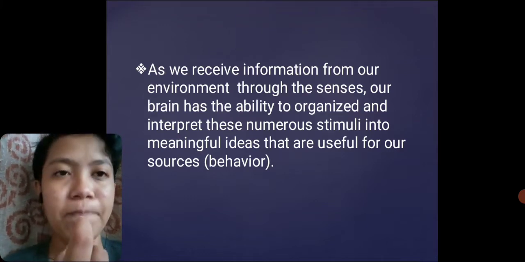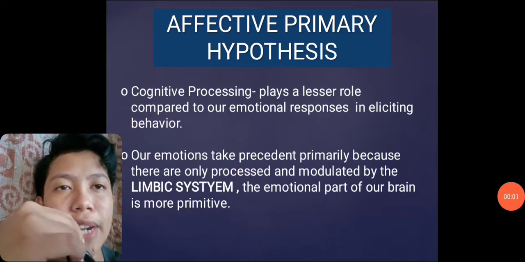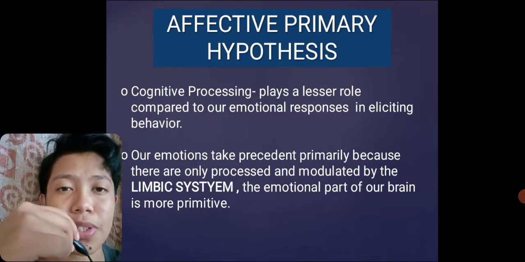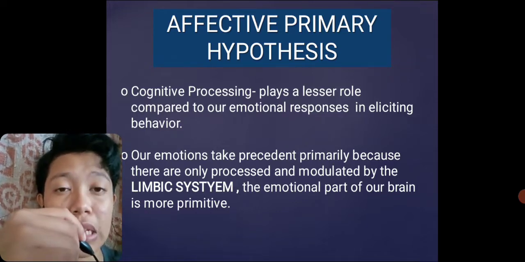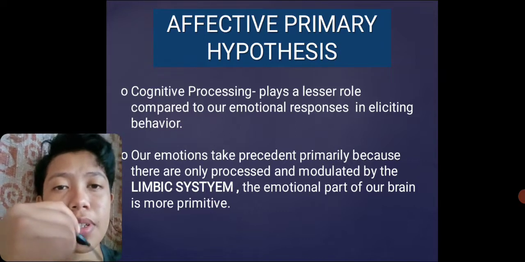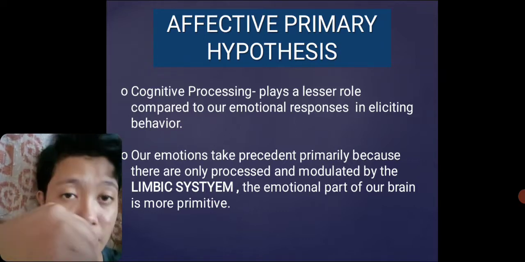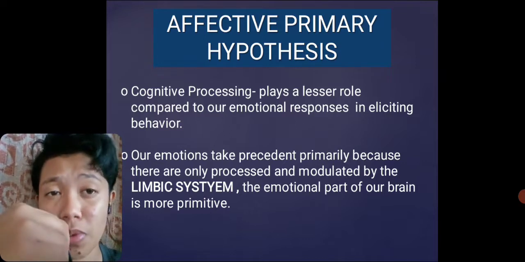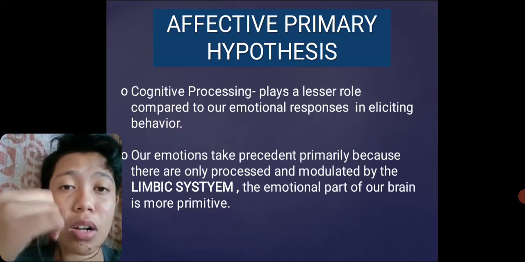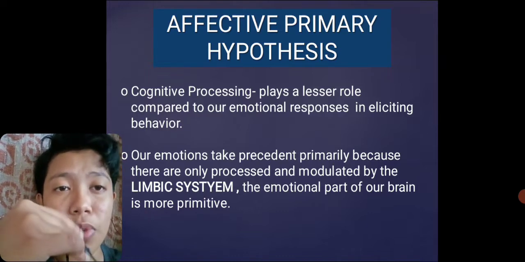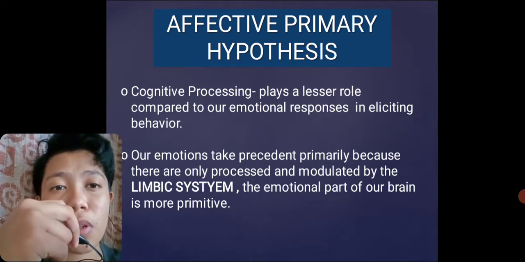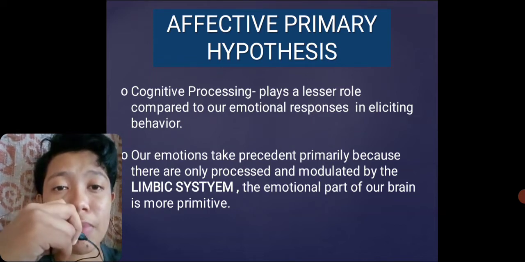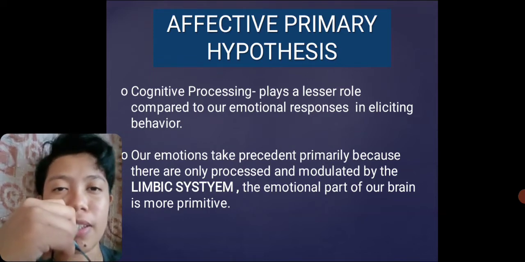We have this primary hypothesis: cognitive processing, our higher order thinking skills processed by our brain, in the book it says, plays a lesser role compared to our emotional responses. This statement stresses how important emotions are as a response. It takes precedence primarily because emotions are processed and modulated by the limbic system, the emotional part of our brain, which is more primitive.